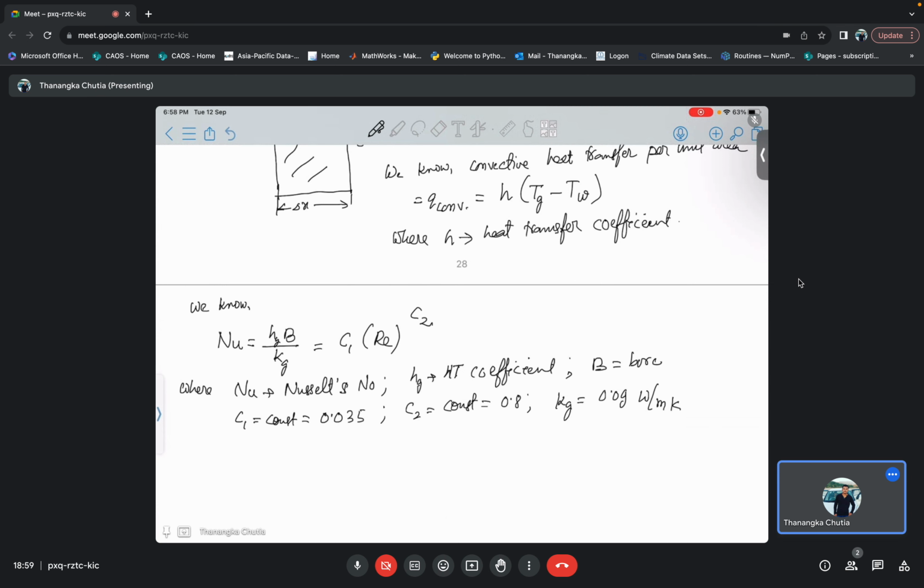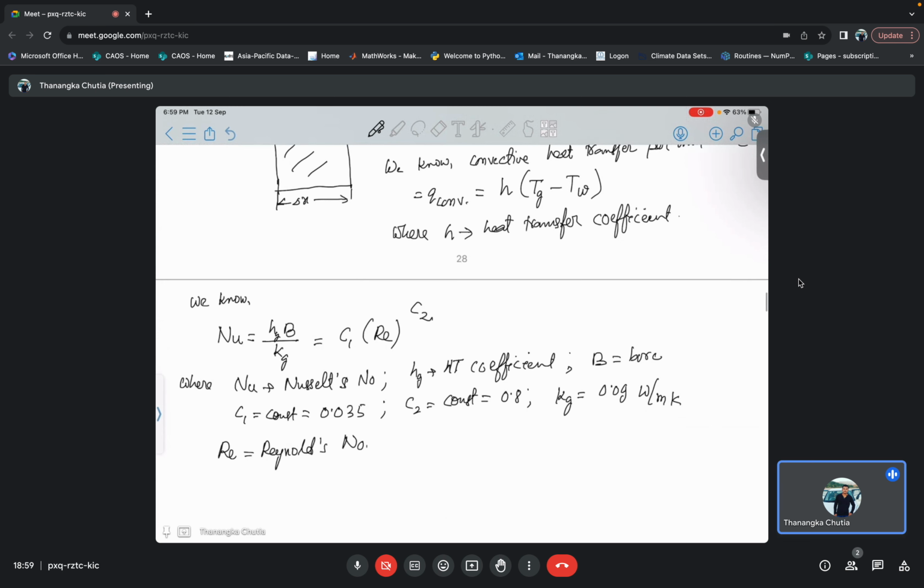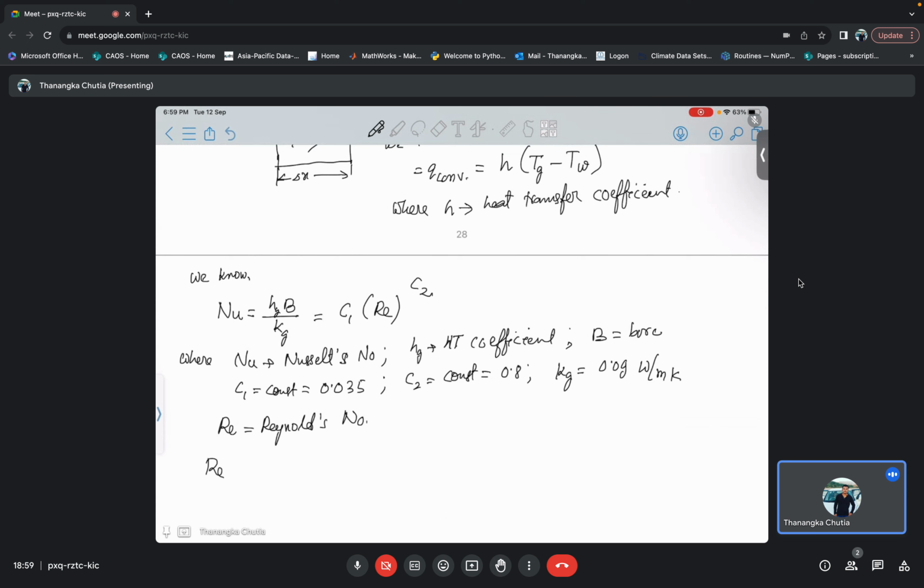And Re is the Reynolds number. This Reynolds number can be calculated using the formula (ma dot plus mf dot) divided by (Ap into mu g into B).